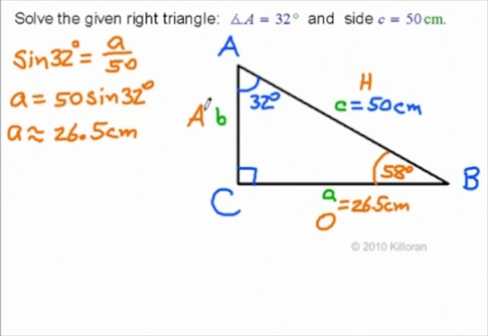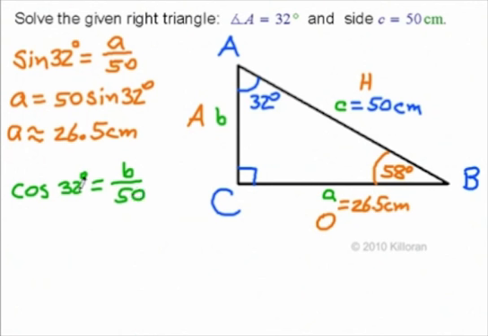To figure out side b over here, with this angle 32 degrees and the hypotenuse, this side is called adjacent, this side is called hypotenuse of this angle 32, and adjacent and hypotenuse is cosine. So we would set up cosine of 32 degrees is equal to adjacent, in this case b, over the hypotenuse, which is 50.